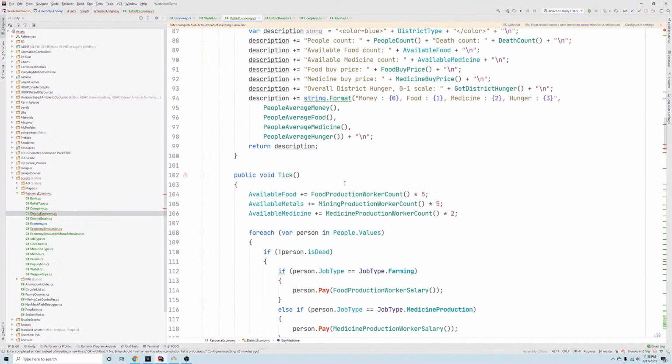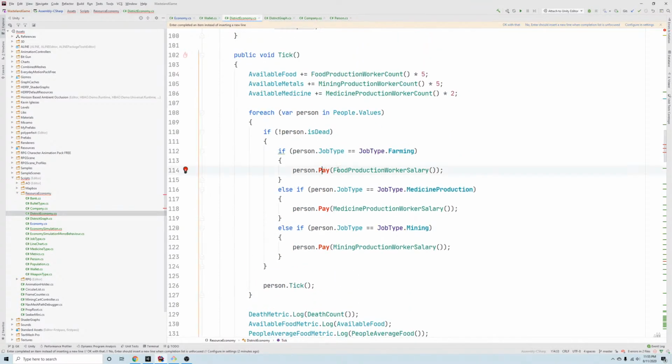So refactoring that wasn't too bad. I'm curious about payment here.